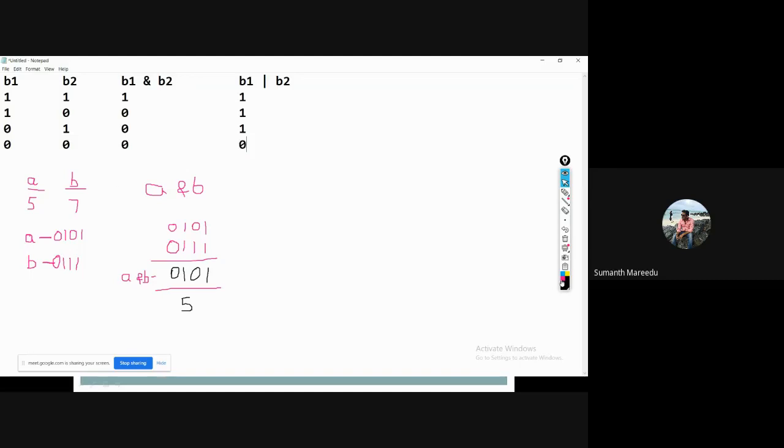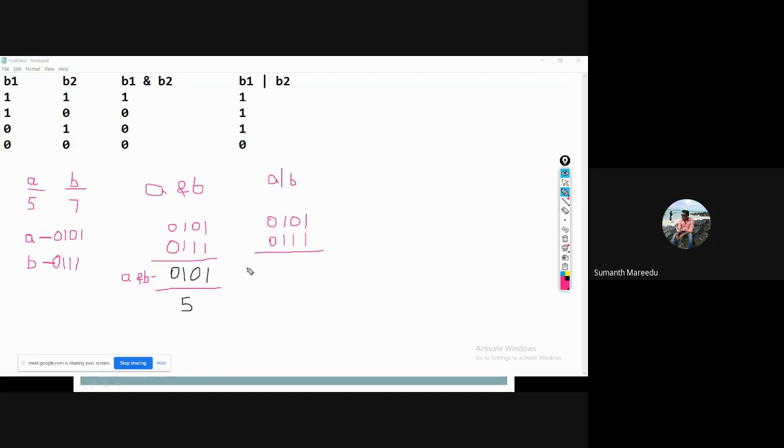See, if you take it here like this, A or B. Here again I'm taking the same numbers. I'm not changing the values. So you just try for some numbers. So 0 1 0 1, that is A, and this is B, 0 1 1 1.